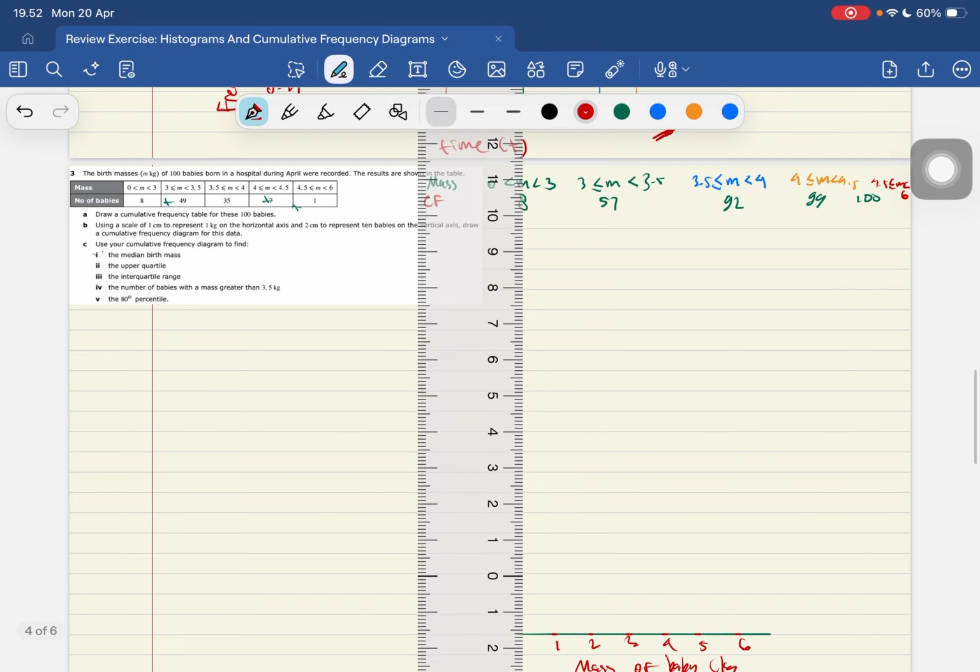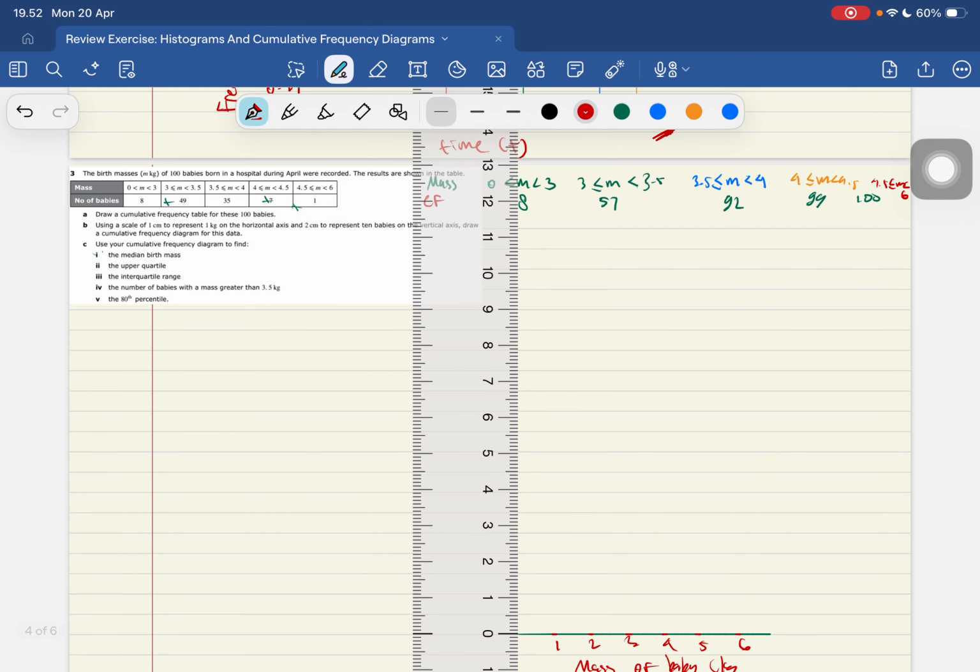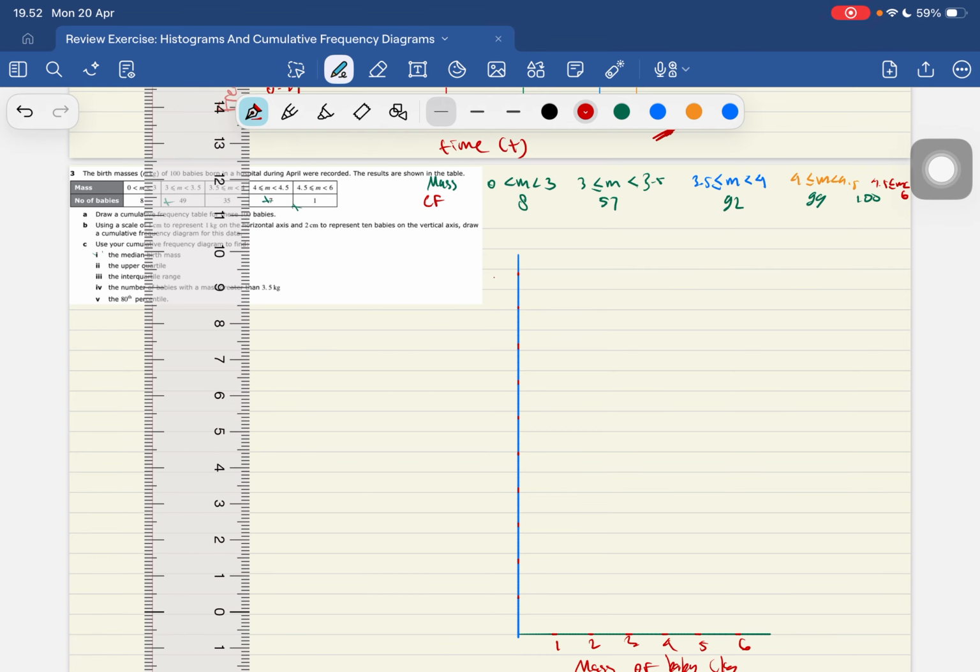Let's count it in 10s. Here is 10, 20, 30, 40, 50, 60, 70, 80, 90, and 100.